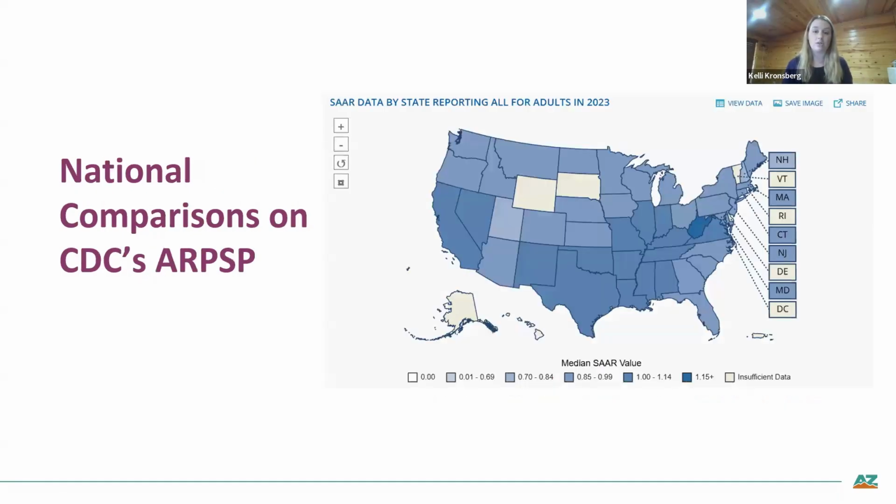We also have national comparisons available through the CDC's ARPSP portal. In this example, once again for all antibacterial agents, you can see that Arizona is hovering around the 0.85 range, whereas other states may have more or less. So this is a way we can compare outside of the state as well.